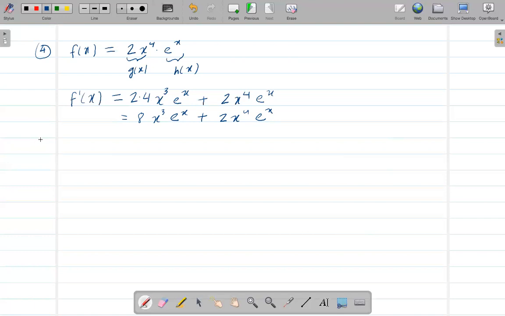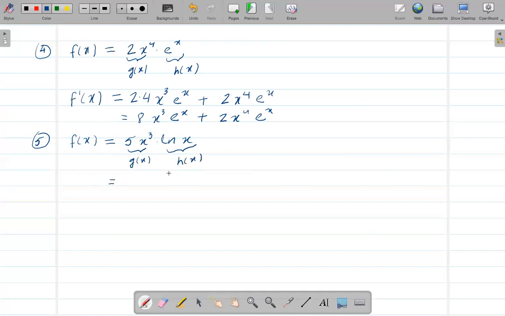Right. Similarly, let's see if I have f of x is equal to 5x cubed times natural log of x. Similarly here I can also say this is g of x, this is h of x.